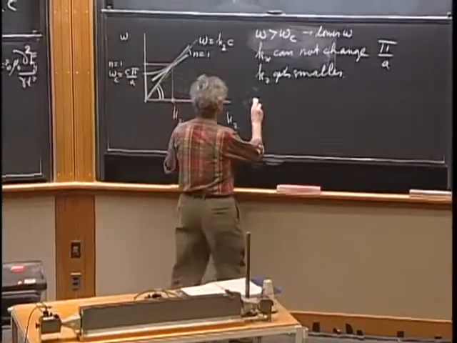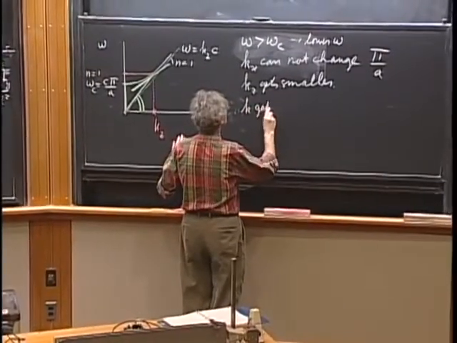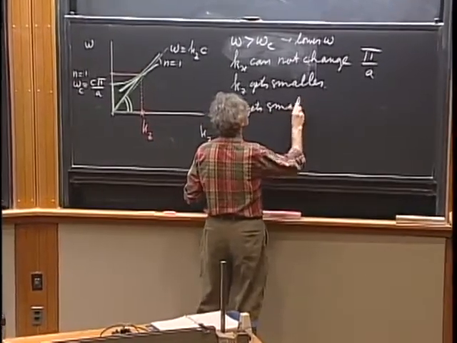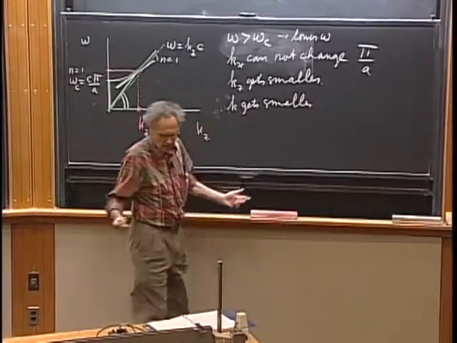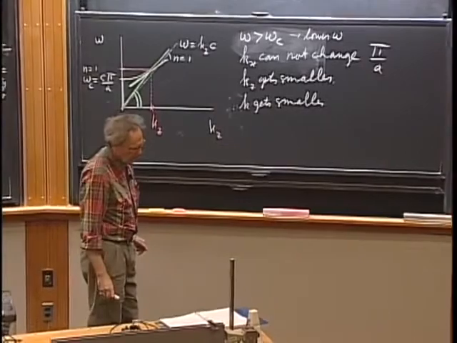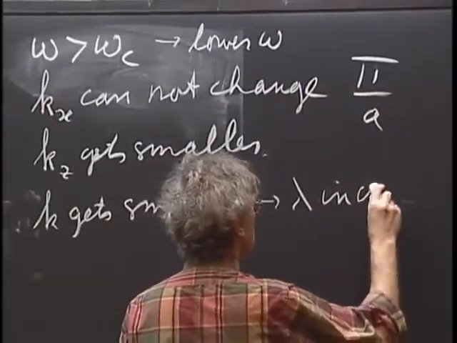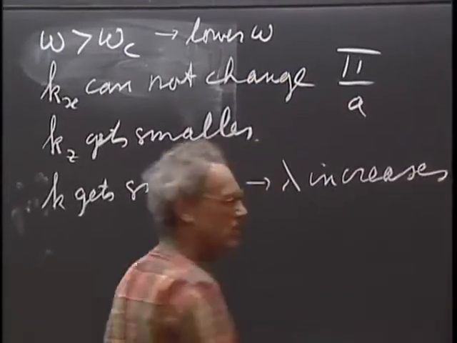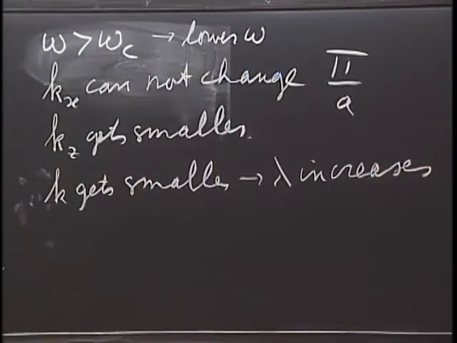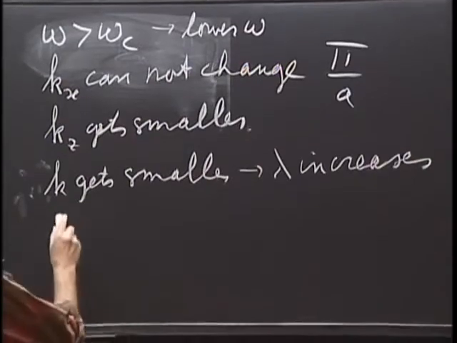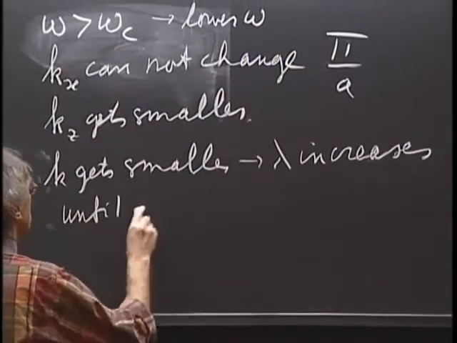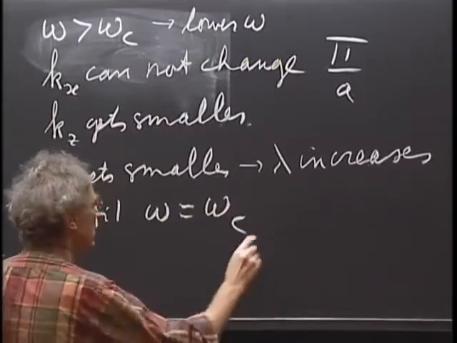And so k gets smaller. And if k gets smaller, then of course lambda increases, because lambda is 2 pi over k. Until disaster strikes, omega becomes omega c.